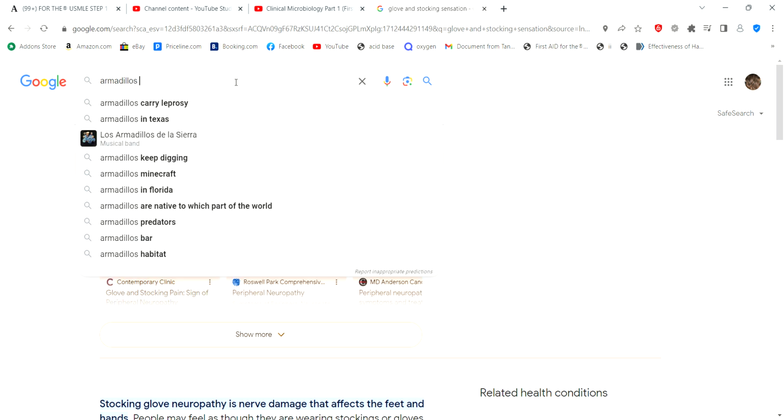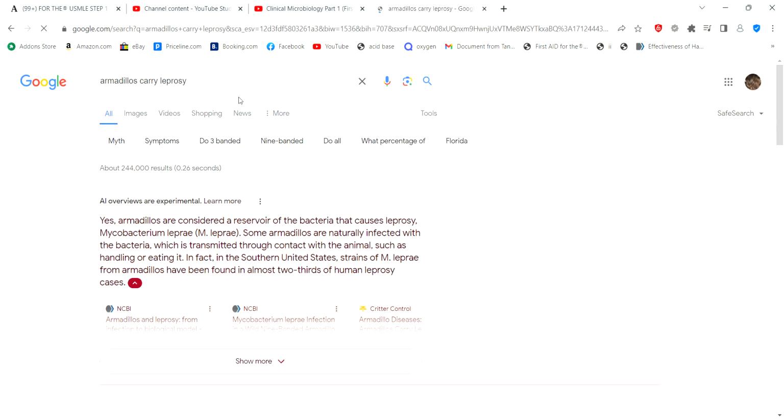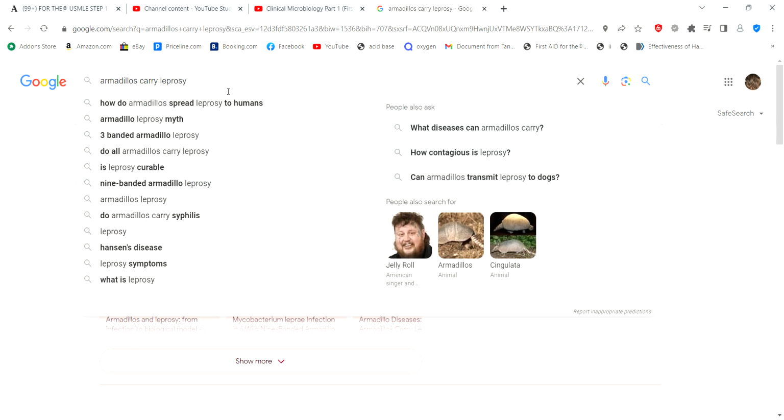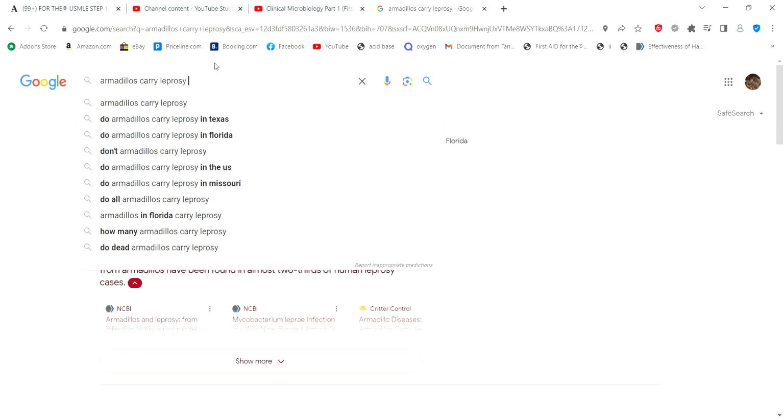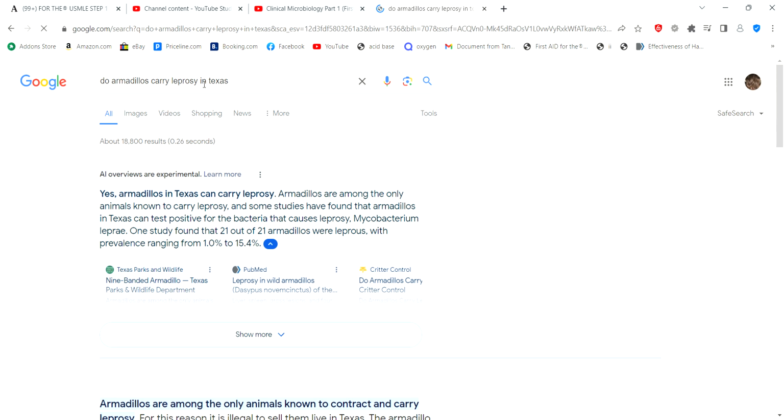Armadillos. Oh my goodness. Armadillos are among the only animals known to carry leprosy. Some studies have found that armadillos in Texas can test positive for the bacteria that causes leprosy.